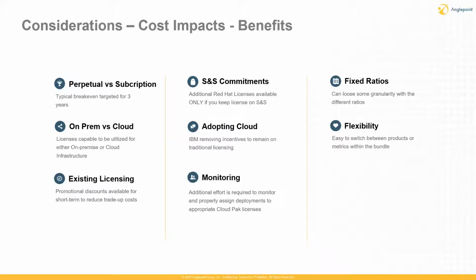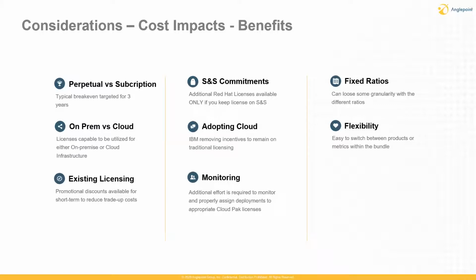The other item to consider is the fixed ratios that are inherent to these products. You can lose some granularity between the different ratios. If you are not utilizing the full amount of the ratio, that can have a little bit of an impact to some clients.